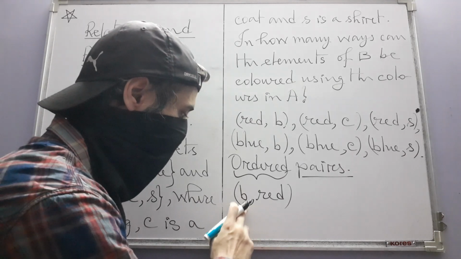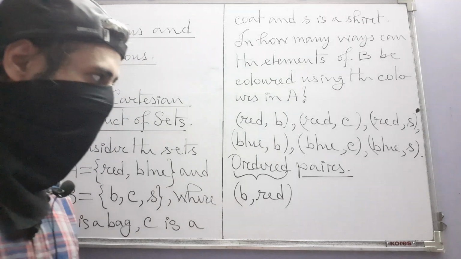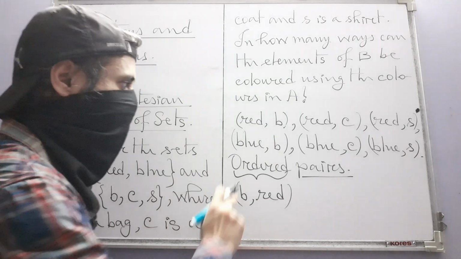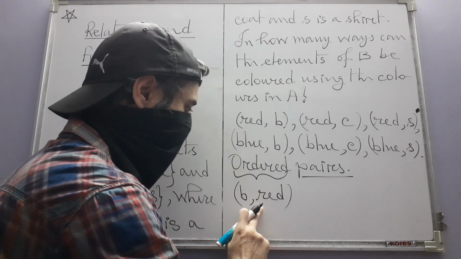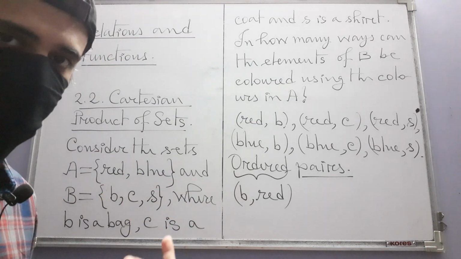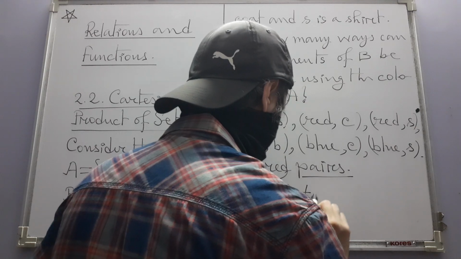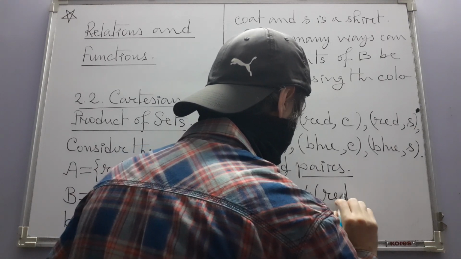So you can see that in an ordered pair, there is a first element and there is a second element, and this one is supposed to be different from this one because the order has changed. This is not equal to this.